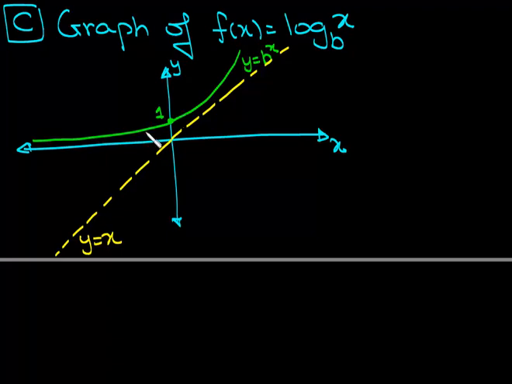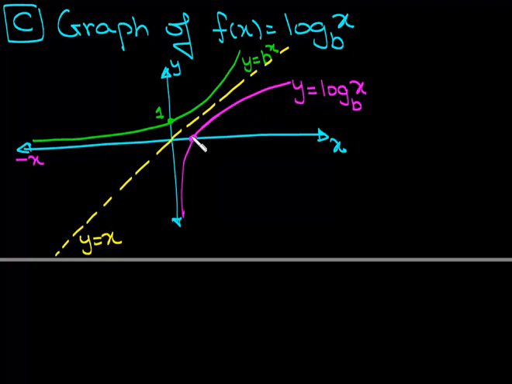Now this green graph is asymptotic to the negative x-axis, so when you fold it, it'll be asymptotic to the negative y-axis. And this point, which is 1, will come here. So the graph will go like this. This is the graph of y is equal to log x base b.